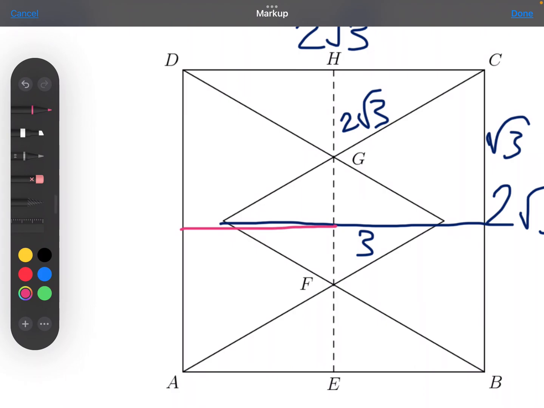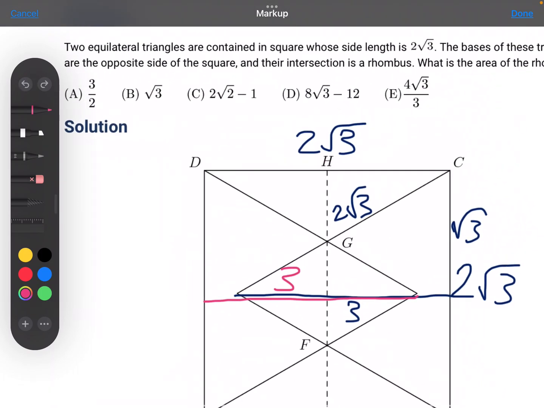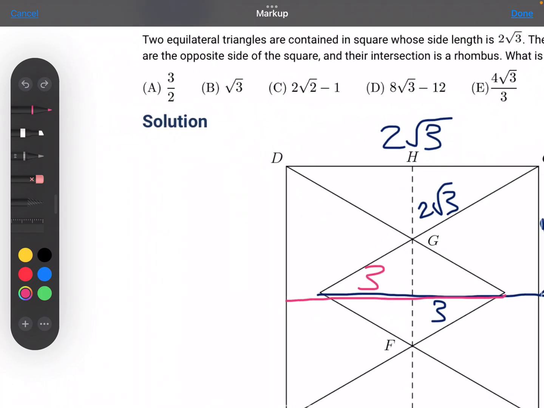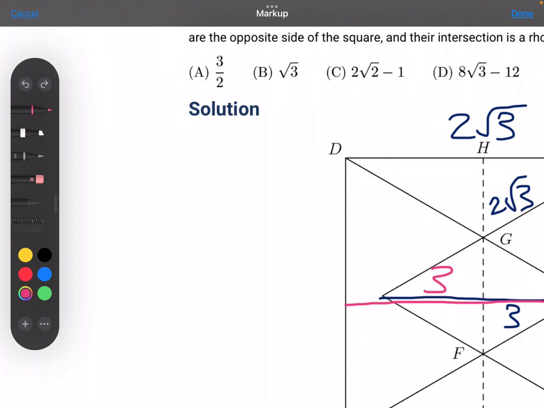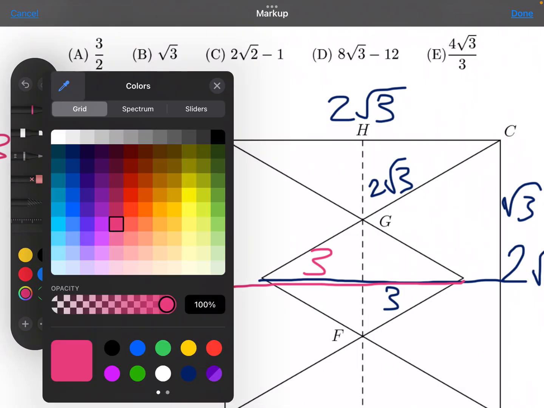And for the other triangle, let's switch to another color, magenta, probably. And we can see that this height is also going to be 3. And we're given that the side of the square is 2√3. So now we can do 3 plus 3 minus this. There's overlap, let's call it x.